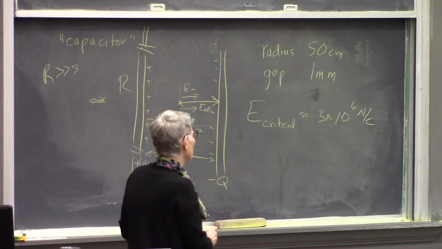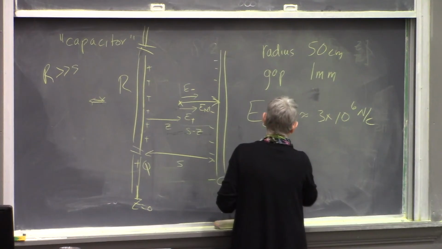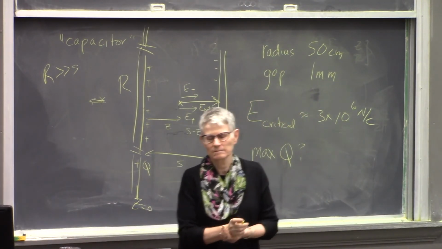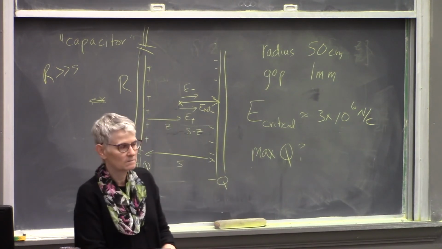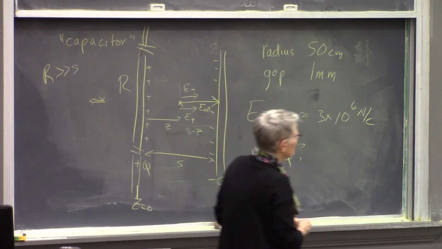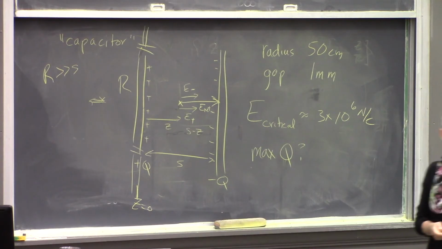What's the maximum charge before you get a spark? So remember that A, this is pretty good, and B, approximations are your friend. We wouldn't bother deriving all these approximate equations if we didn't intend to use them.